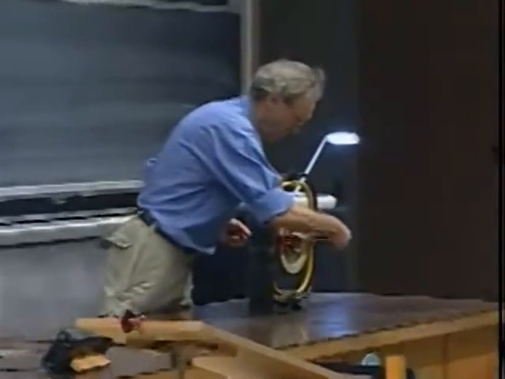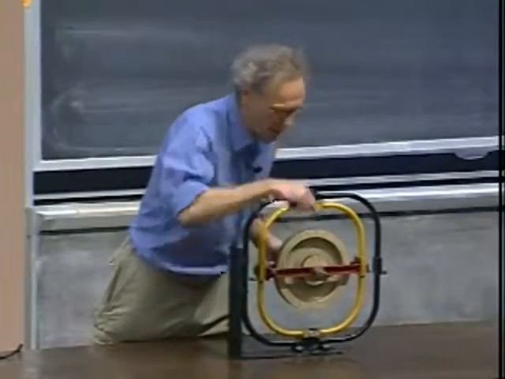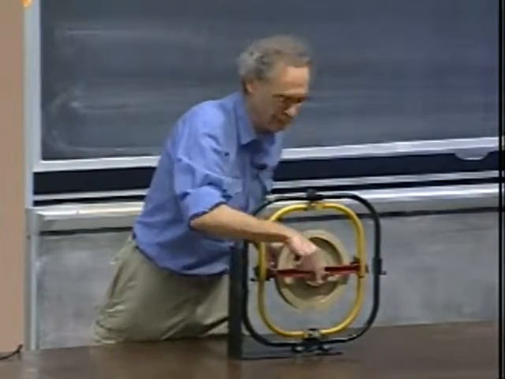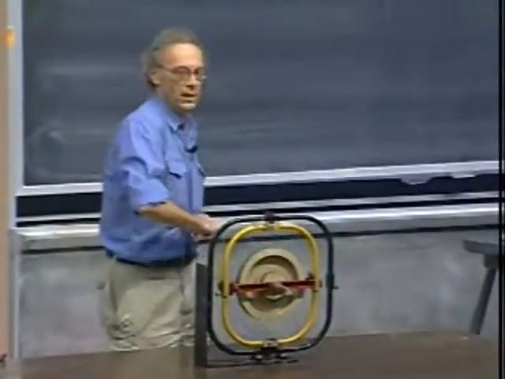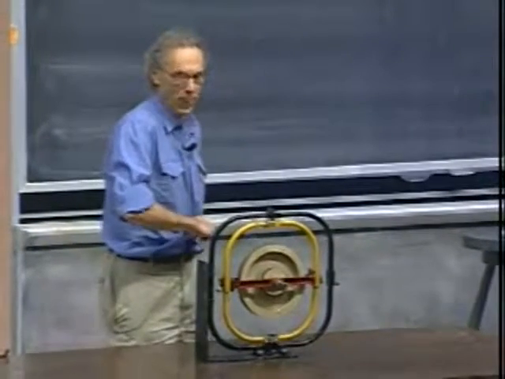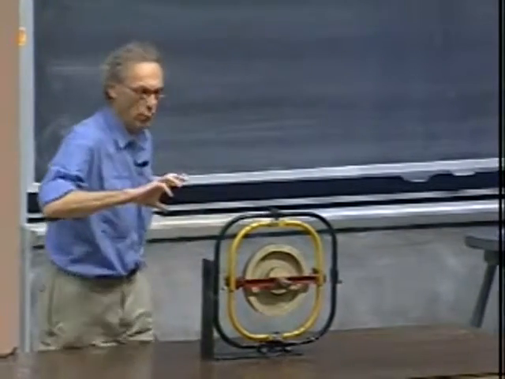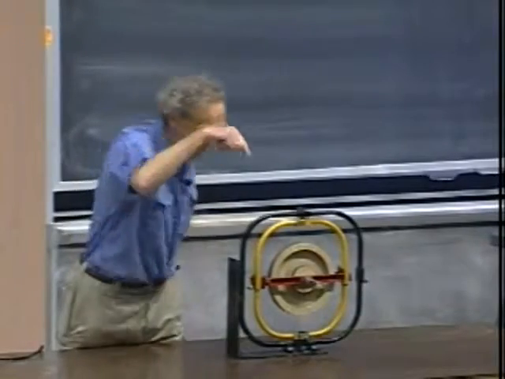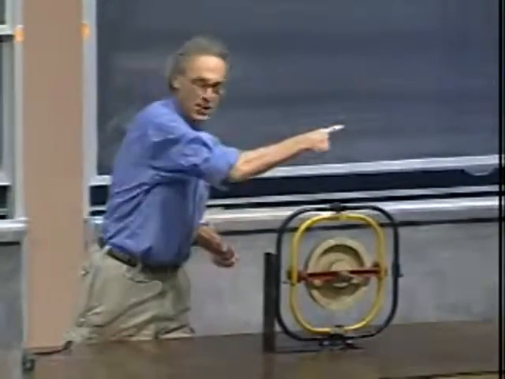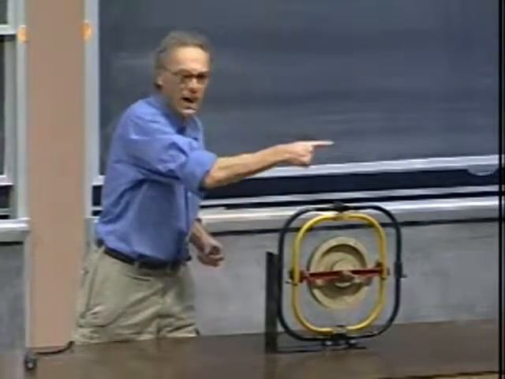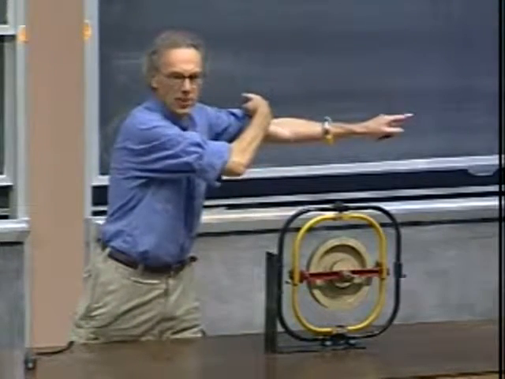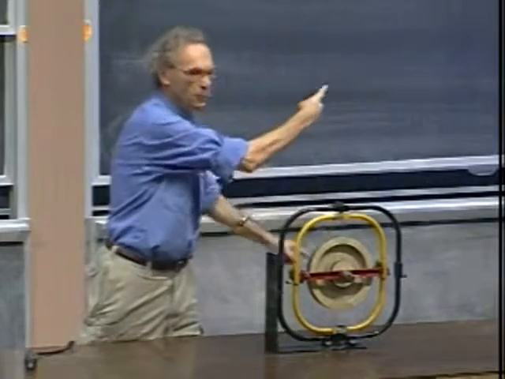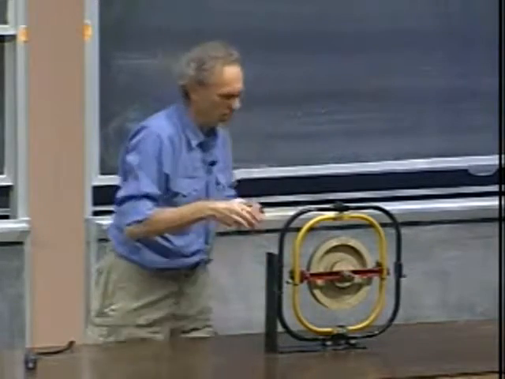So the wheel is spinning, but now I'm going to put a torque on it here. It is spinning in this direction. Angular momentum is pointing straight at me, away from you. I'm going to put a torque on like this, putting the weight there. Torque will be in this direction. What will the spin angular momentum do? Torque is in this direction, spin angular momentum is in this direction. Spin angular momentum will start to chase the torque.